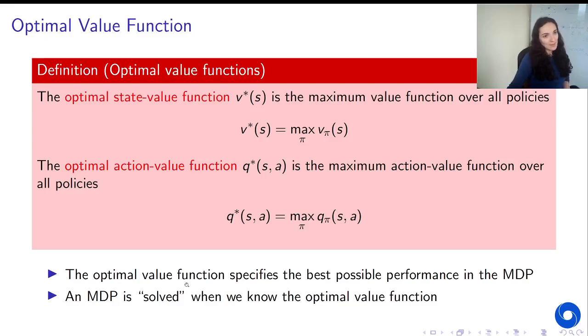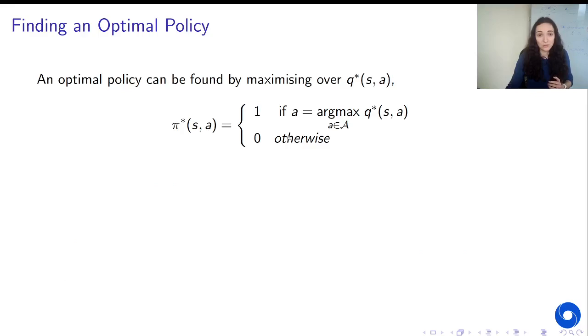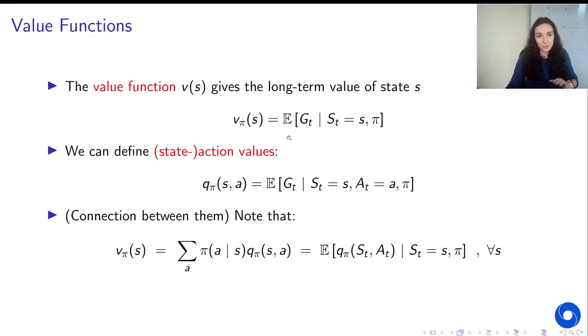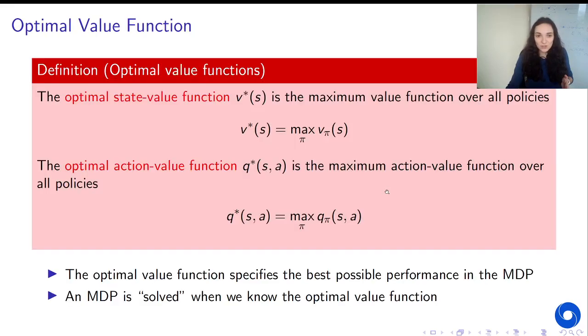Okay. Now we're going to be introducing the optimal value function, and the optimal value function is just the function that for every state maximizes over these quantities previously introduced. All of these quantities, the value functions V and Q, are dependent on a policy that we're going to follow after this state, or after this state and action.